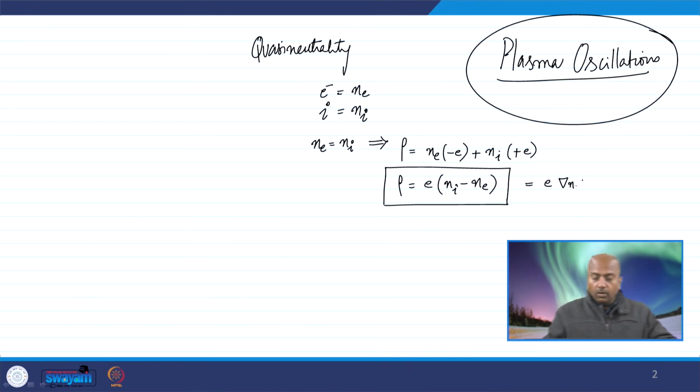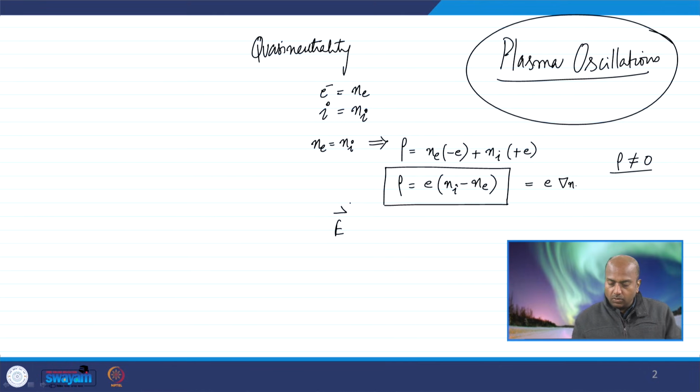Now let us say for some reason this charge density rho is not equal to 0. If there is charge density, then we will always get an electric field. When you have charge contained in a volume, we know the Gauss law. It says there is an electric field, which is 1 by epsilon naught times the charge that is enclosed.